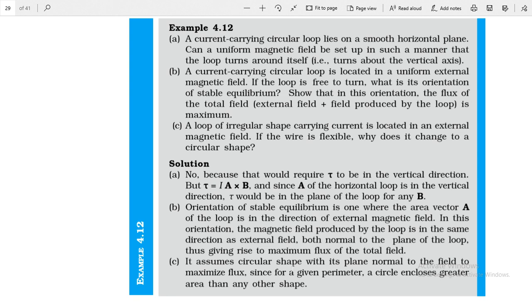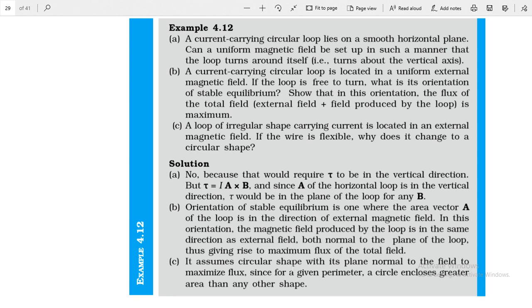And the third one is a loop of irregular shape carrying current located in an external magnetic field. If the wire is flexible, why does it change to a circular shape?